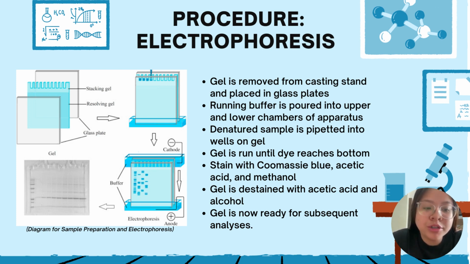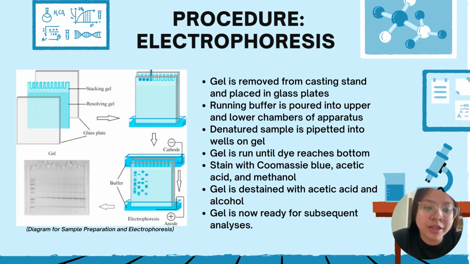Afterwards, pour running buffer into the upper and lower chambers of the electrophoresis apparatus and remove air bubbles and small pieces of gel from the wells and under the gel using a syringe or tips of the pipette.